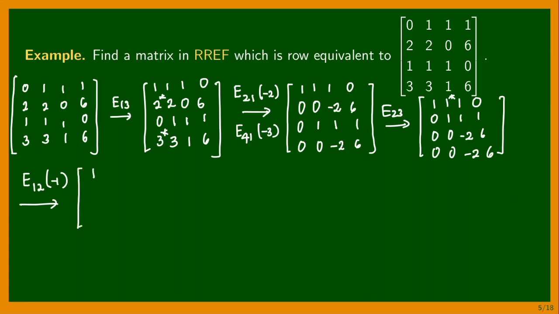Alright, so that's 1, 0, then negative 1 times 1 plus 1 is also 0. Negative 1 times 1, negative 1, plus 0 is a negative 1. Then I will just copy, like so.